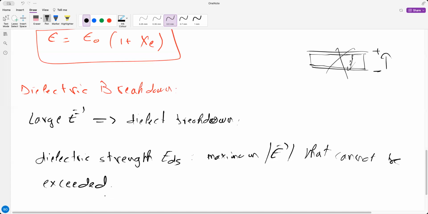So dielectric strength is an electric field value for each dielectric that should not be exceeded. If you exceed this value, the dielectric will go to a breakdown, because you are breaking the bond between the external electrons and the atom itself, and then you start extracting electrons from this dielectric, which is not good. Any question?